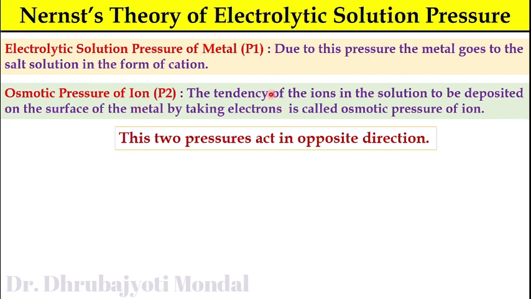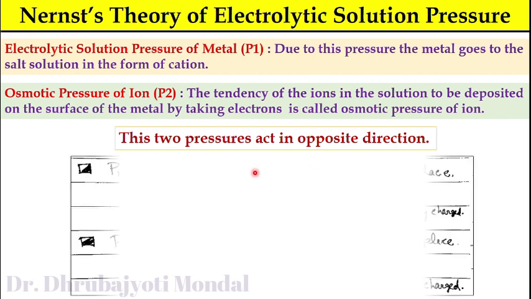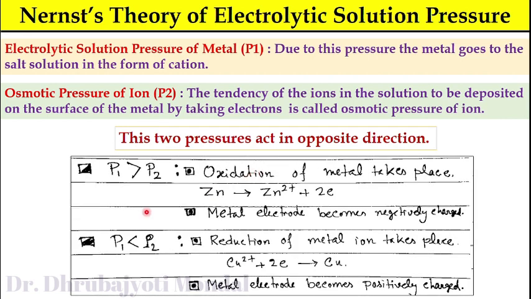Another point to remember: these two pressures act in opposite directions. Now notice here, if P1 is greater than P2, that means the electrolytic solution pressure of the metal is greater than the osmotic pressure of the ion, then oxidation of the metal takes place.